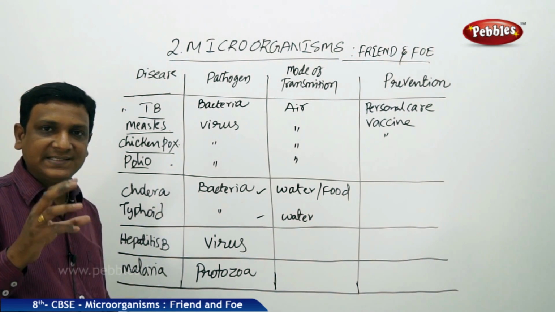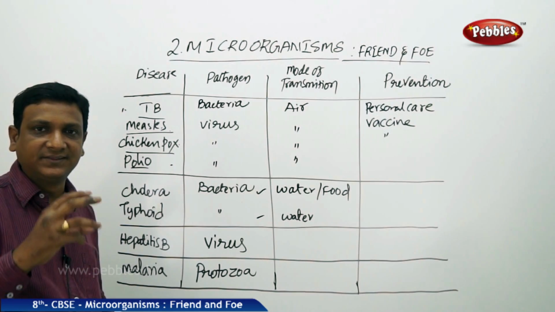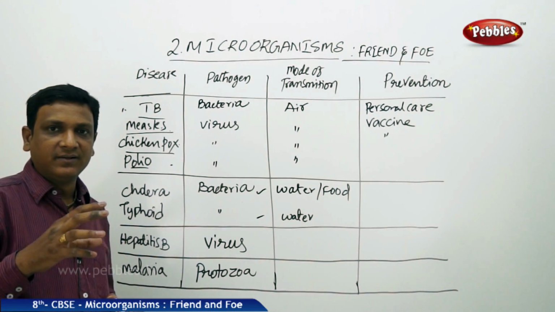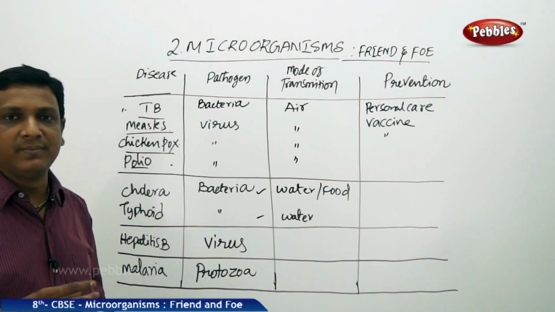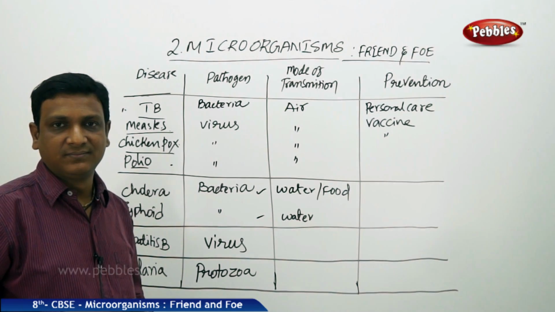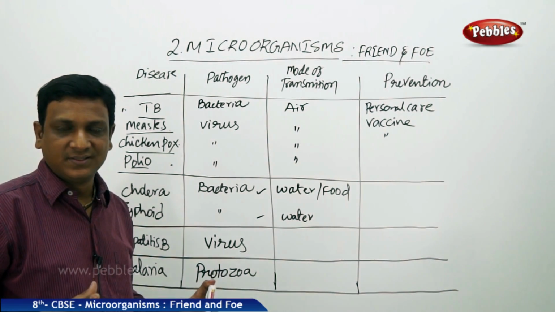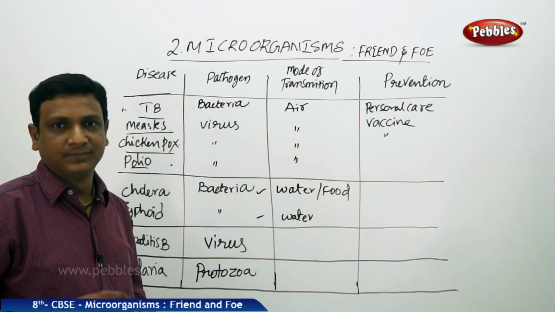Generally, the disease like cholera, it spreads in certain situations like when there is a natural disaster like a tsunami or floods. So when there are floods, the water overflows.